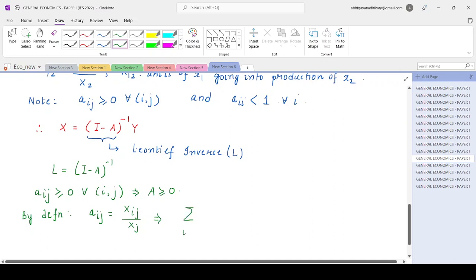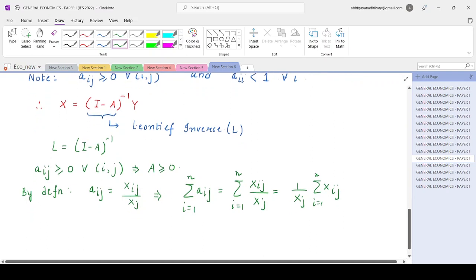Summation i running from 1 to n of aij is equal to summation of xij by xj, i running from 1 to n. So 1 by xj will be out, because the sum is over i of xij.